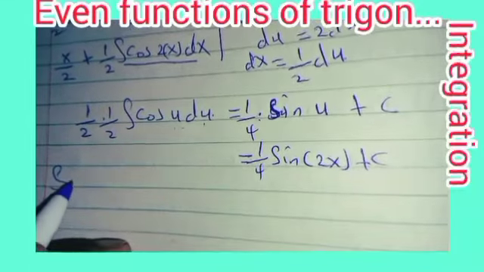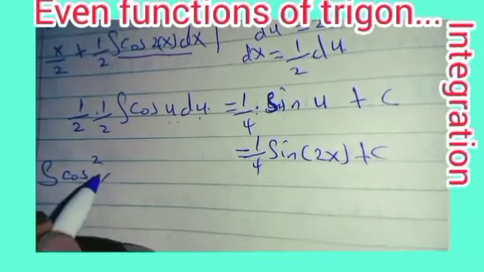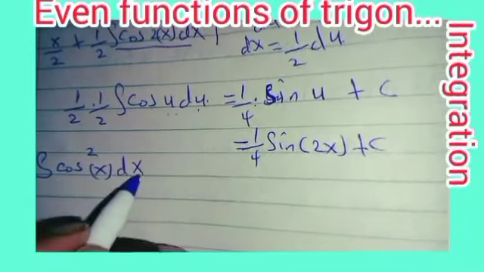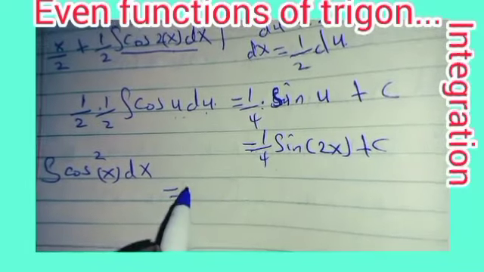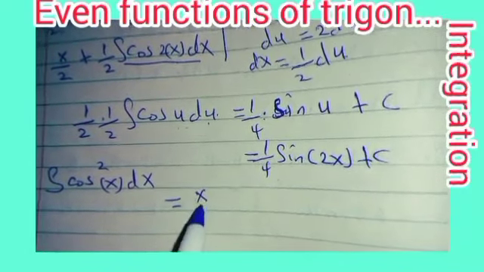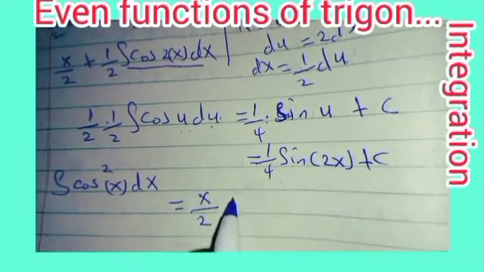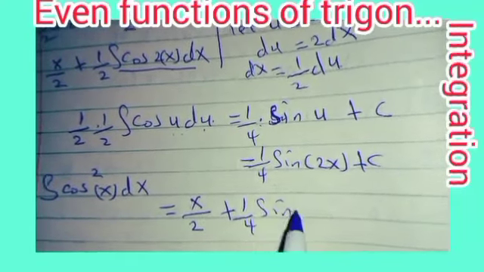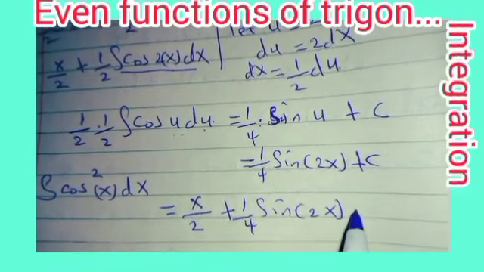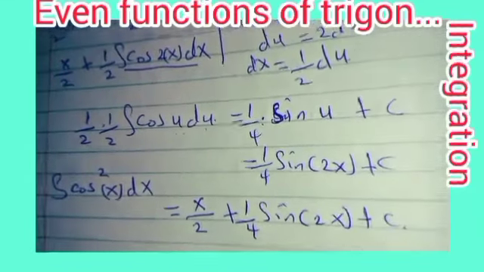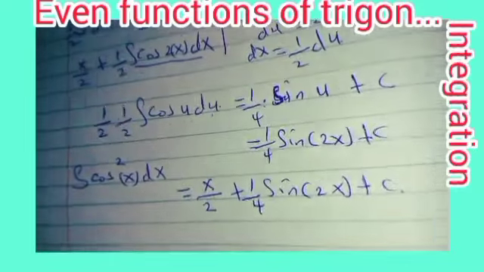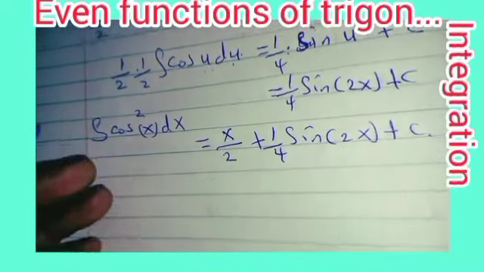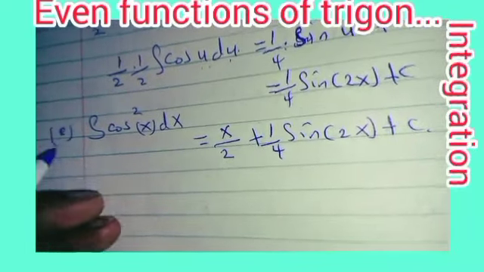Hence the integral of cos squared x dx is equal to x over 2 plus 1 over 4 sine of 2x plus constant c. This is part E of our consideration.